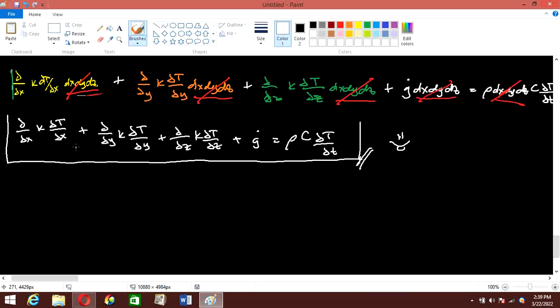Okay, so in other expressions, they divide the whole term by k, so that we can also express this like this.